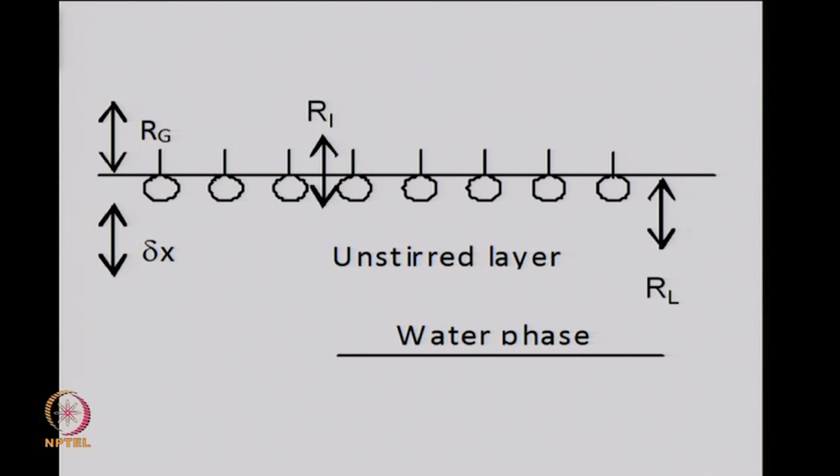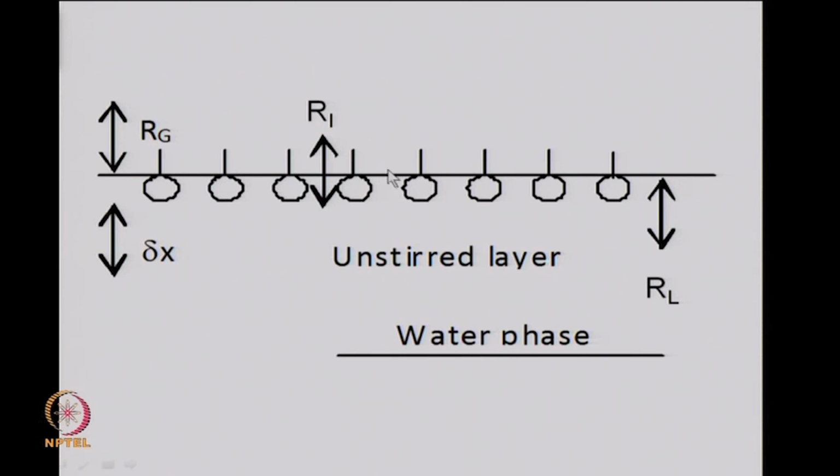But in coming to the interface where reaction would occur, it would have to necessarily be subjected to the resistance, one in the gas phase is Rg, the other in the liquid we represent by Rl.